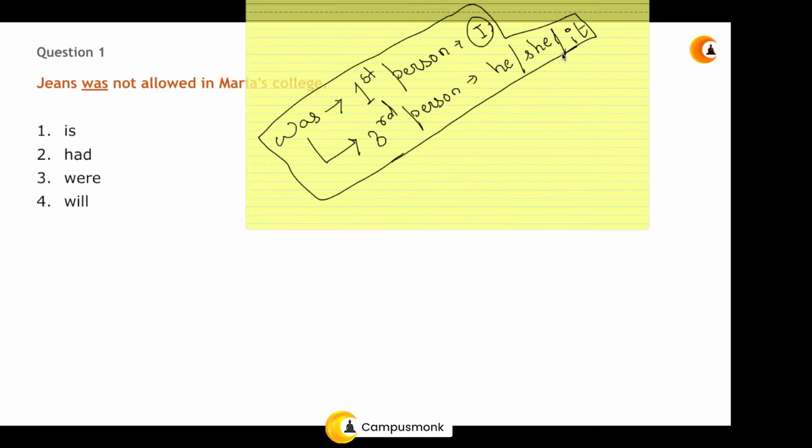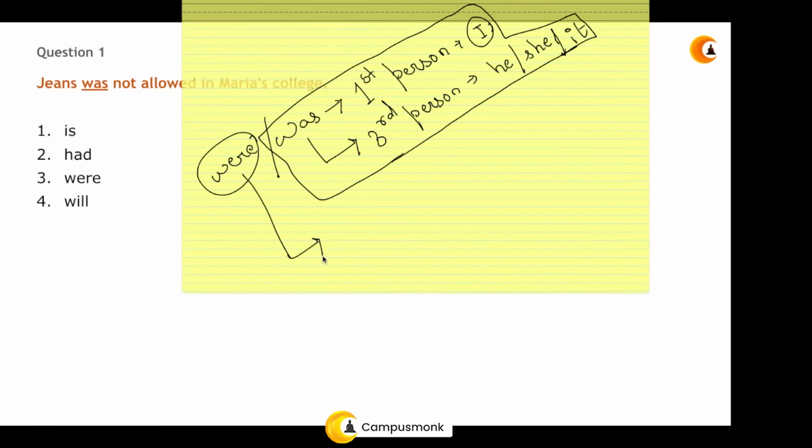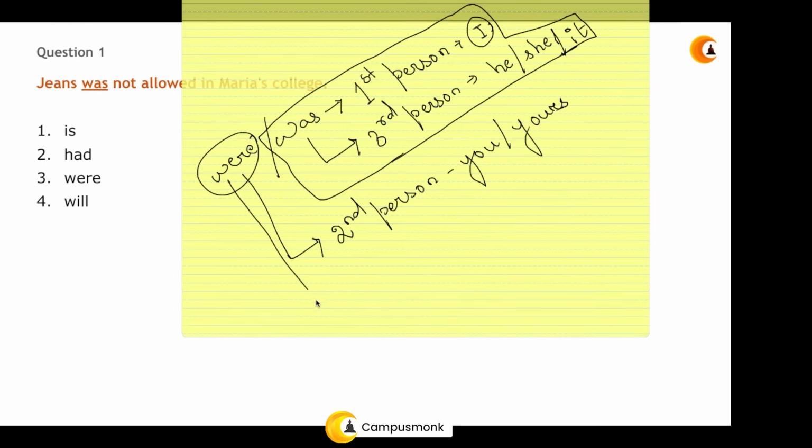he, she or it. Next, what comes other than was is were. Where is were used? Were is used only in second person. Second person is you, yours. These are the second person. And where else is it used? It is used in plurals. Where do you get this plural?